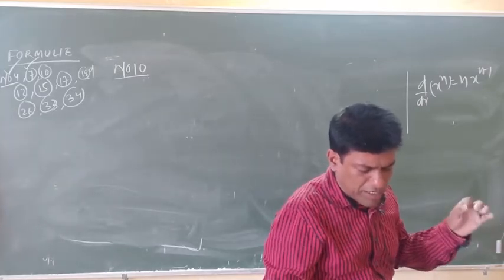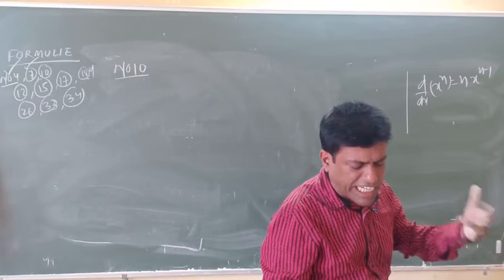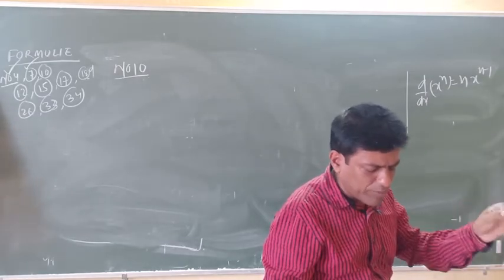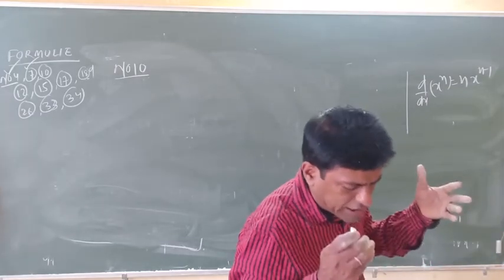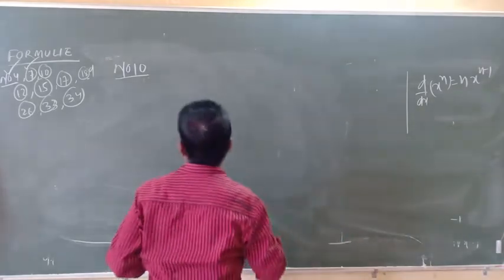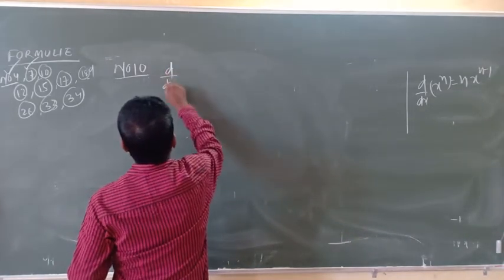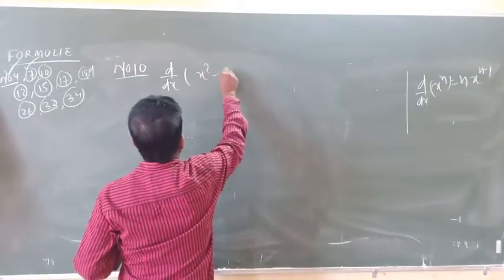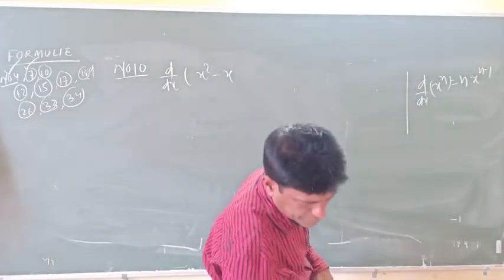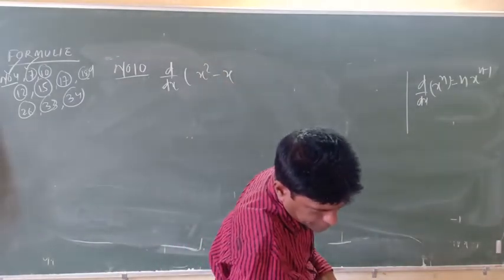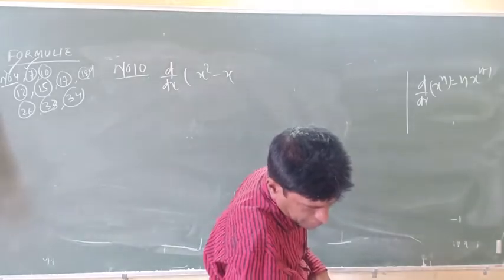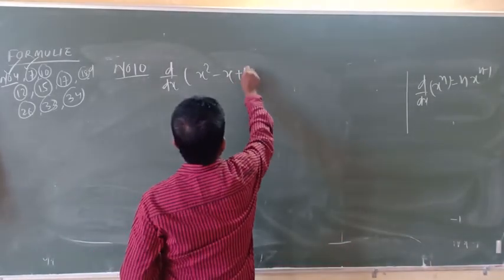Here is square, but number 10 is more complicated because it is a trinomial, where number 9 is a binomial. So I think it is better to solve number 10. So d by dx of x square minus x plus 2 whole square.